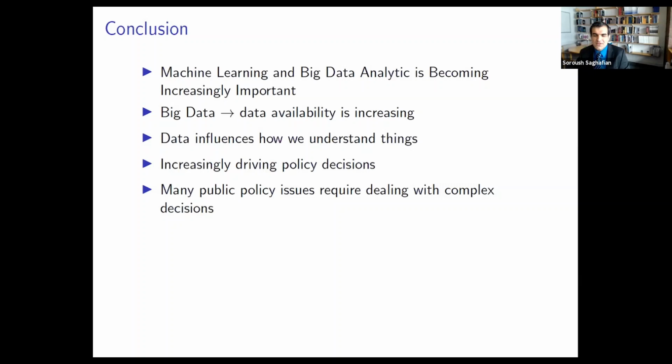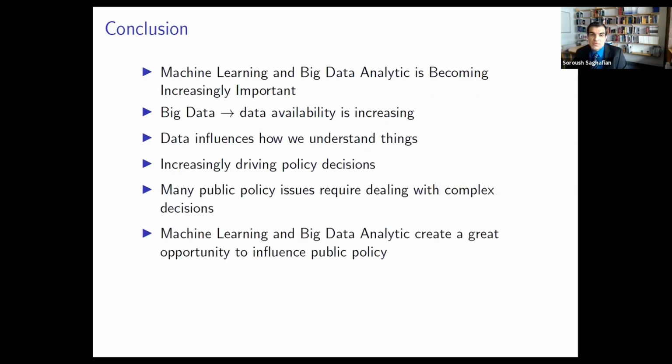They are much more complex than playing the game of Go, or playing chess, or playing other games. Beating the best human player in maybe Atari is different than beating the best policymaker. But we are seeing a lot of movements here, and I believe that we have a great opportunity to influence how we make public policies using these techniques.